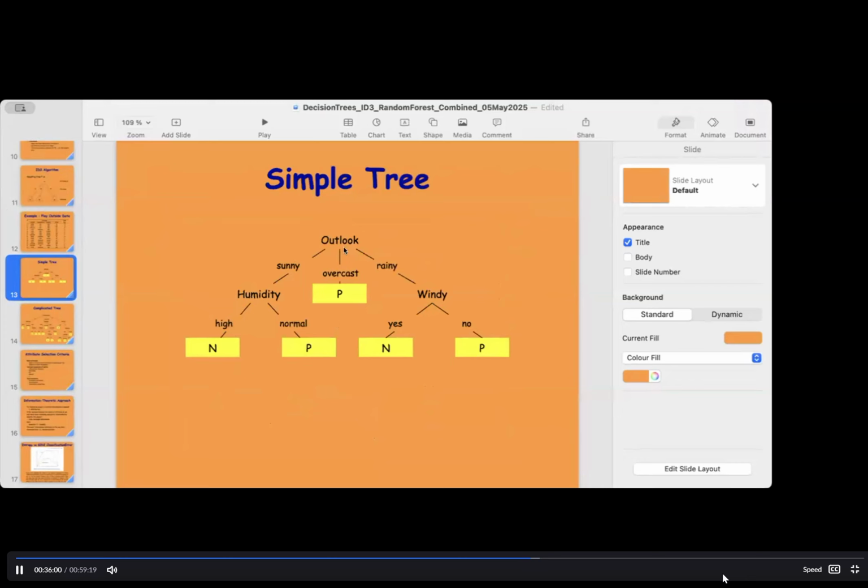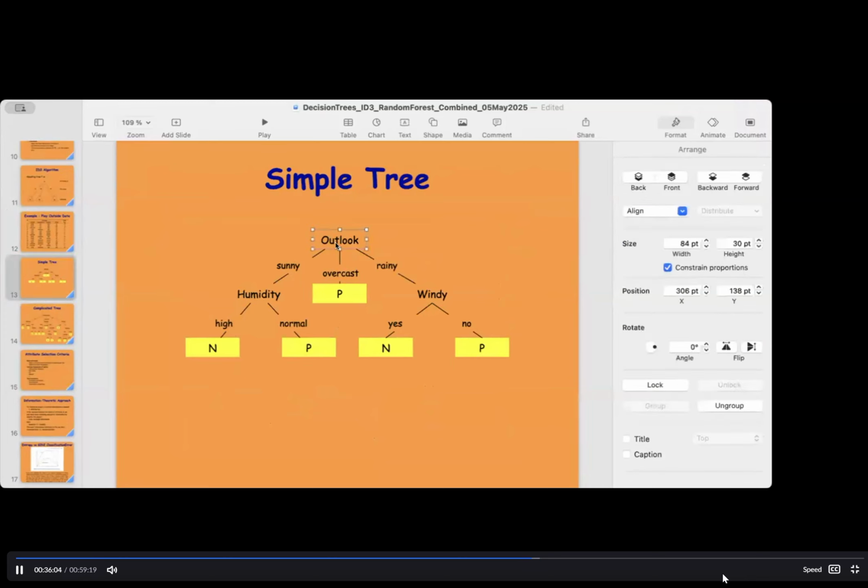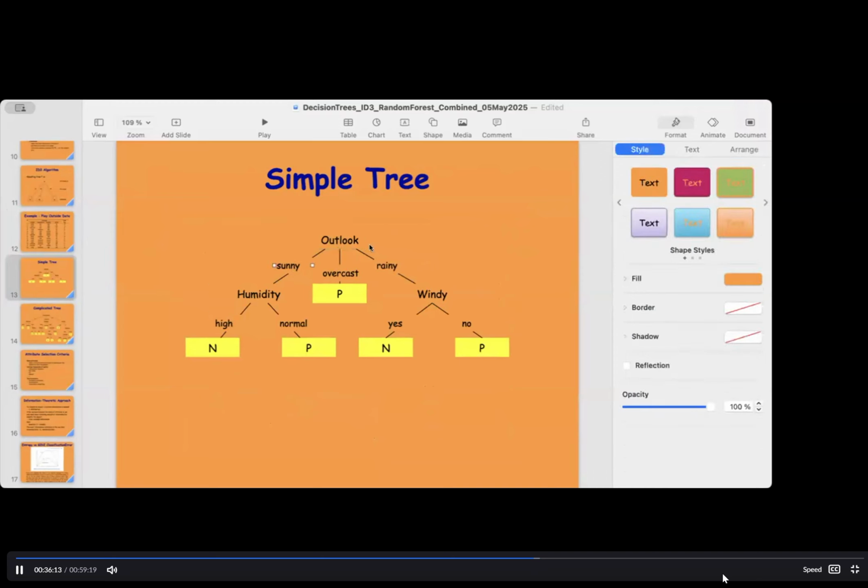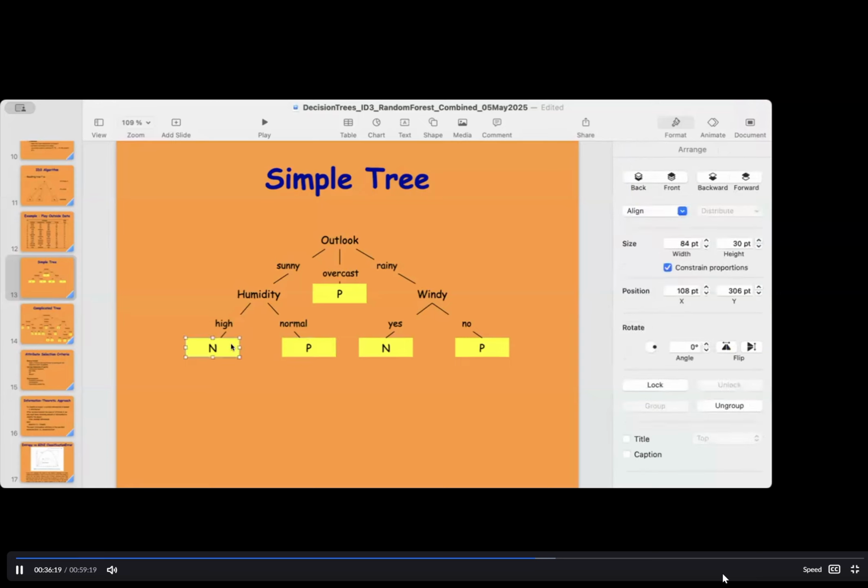In this tree, we have chosen one of the attributes, the outlook, and if it is sunny, they are on the left side, if it is rainy, they are on the right side, and the knowledge or the answer is at the leaves.